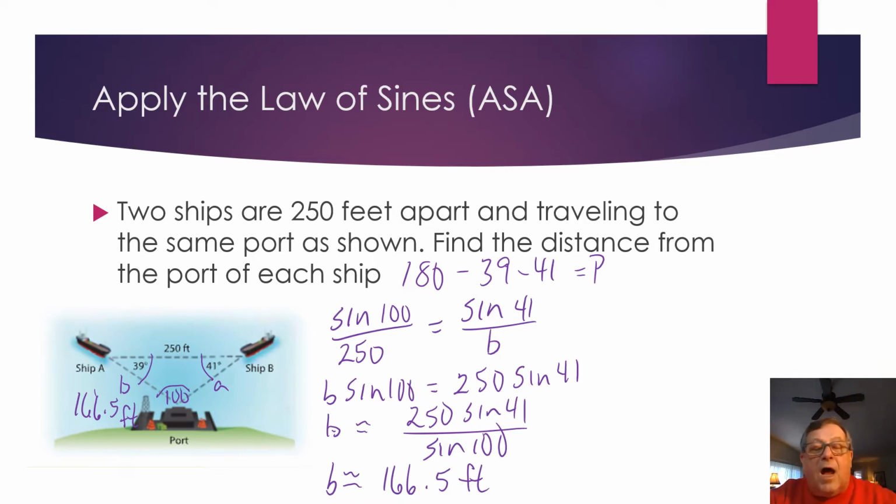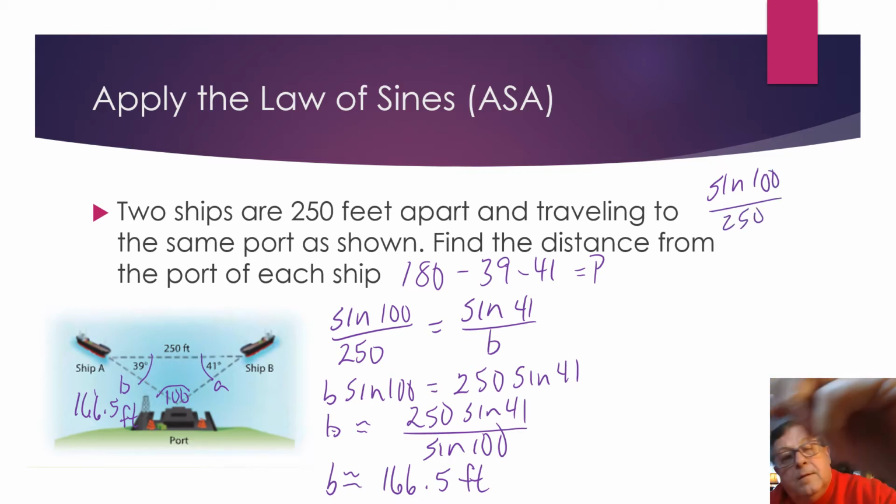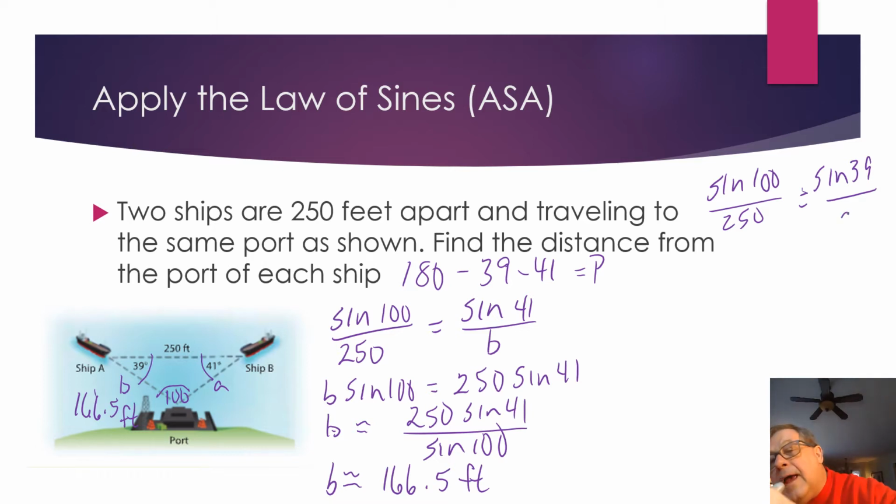Now let's find side A, which is going to give us the distance from ship B to the port. So again, this is the sine of 100 over 250 equals the sine of 39 over A, which happens to be the distance from ship B to the port.